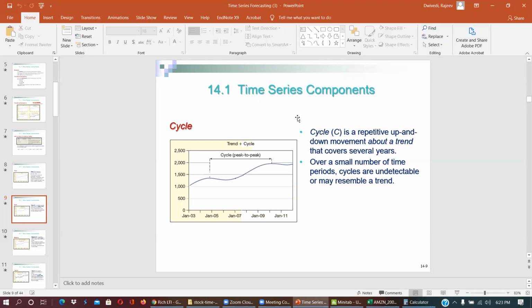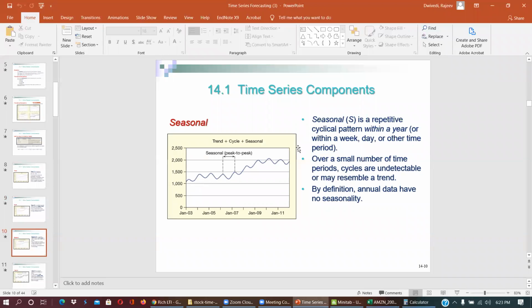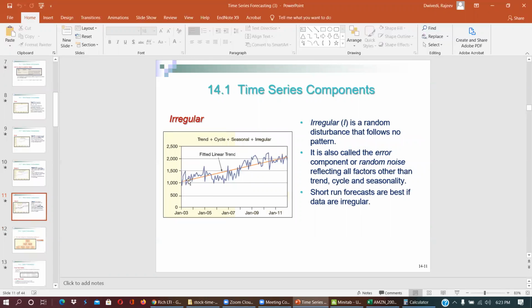So it is seasonal based on time. It goes up and down. Seasonal is due to some season, particularly Labor Day, or some special occasion, where a time series goes on peak and goes low. Irregular can be where the fitted line goes up and down, and it is an irregular or random disturbance that follows no pattern.